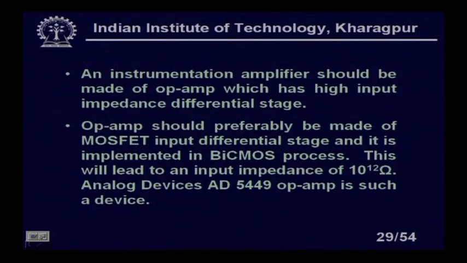This will lead to an input impedance of 10 to the power 12 ohm. You can see 10 to the power 12 means almost 1000 gig ohm, right. Now, the Analog Devices AD549 op amp is such a device which can be safely utilized for measurements of pH value, right.